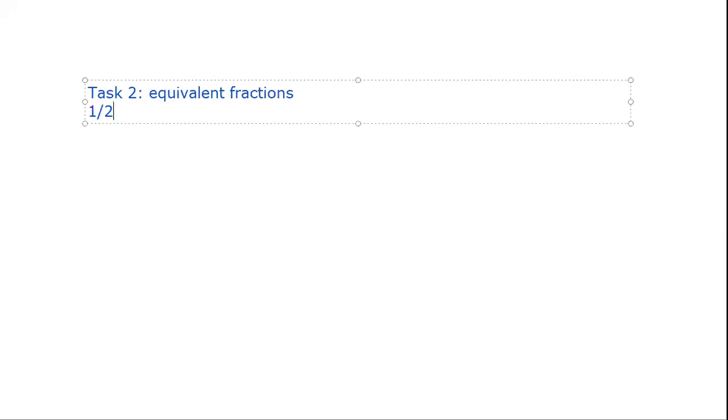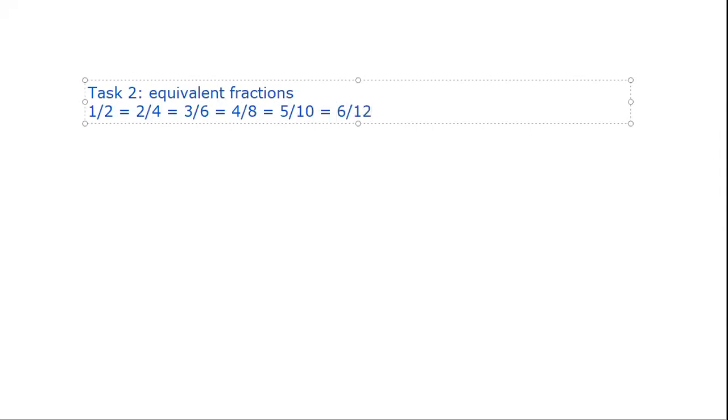let's say you have half. Now you can make half also with 1/4. You can make it with 1/6, with 1/8, with 1/10, and with 1/12. Okay.